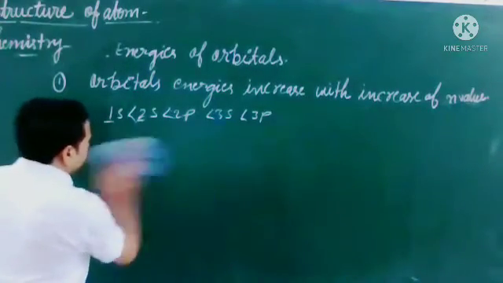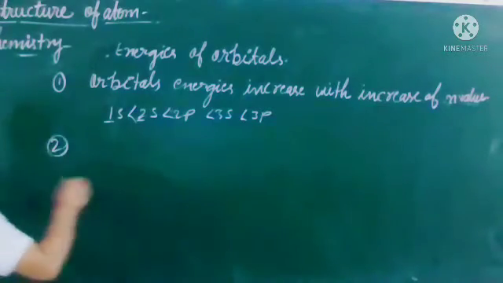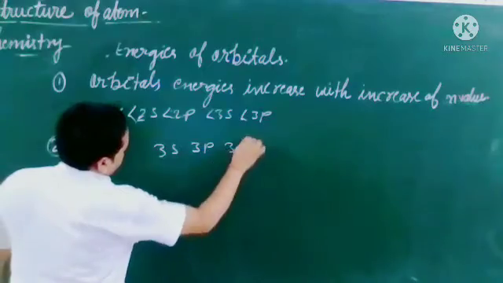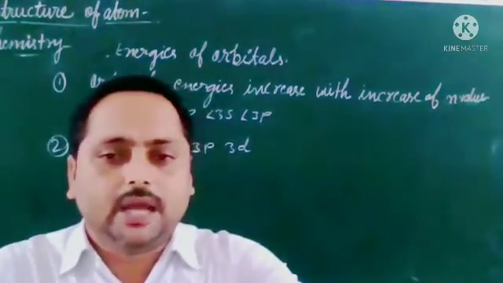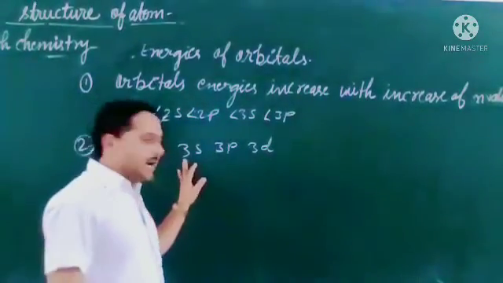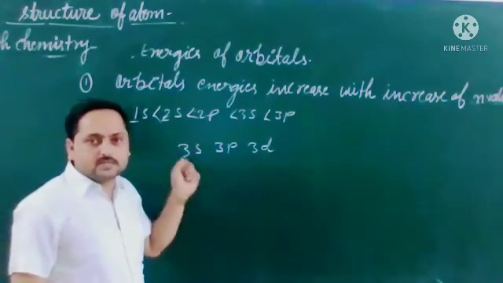If I write here, second point: 3s, 3p, and 3d. In this case it is difficult to tell the energy of the orbitals, because the n value of all three is the same.